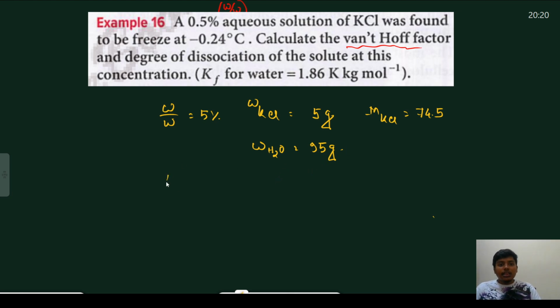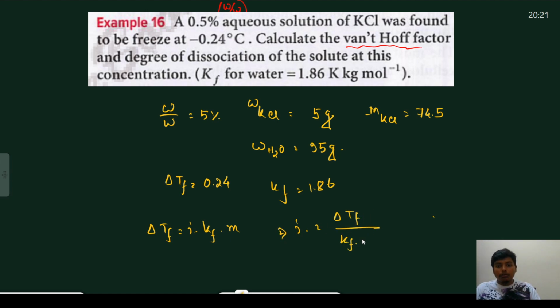Now, what is delta Tf? Delta Tf equals 0.24. Now the Kf value given is 1.86. We know delta Tf equals i into Kf into m. So i equals delta Tf divided by Kf into m.